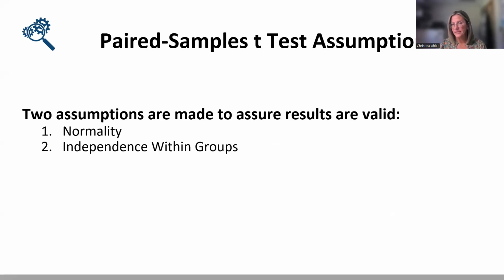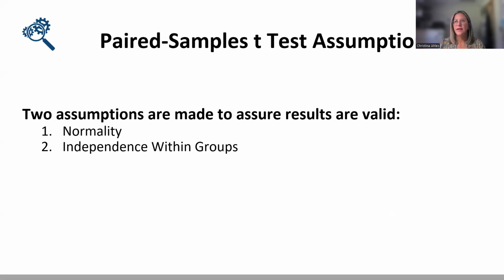With the paired t-test, just like with an independent t-test and a one sample t-test, we have assumptions to make sure that our results are valid. The first one, just like the others, is normality. Two ways that we can assure normality are a sample size of 30 or more, or making sure that we're sampling from a normal population distribution. And then, instead of independence between groups, we have independence within groups.